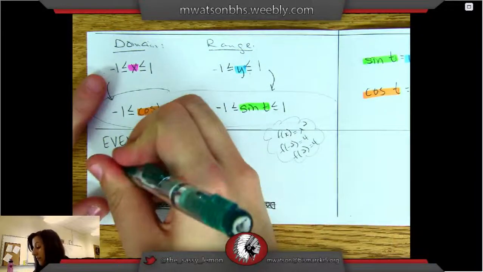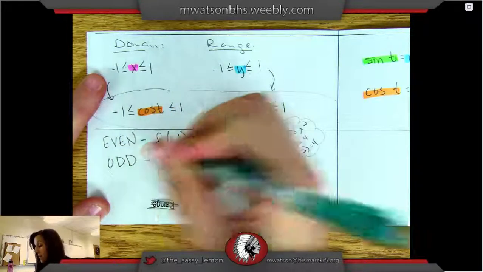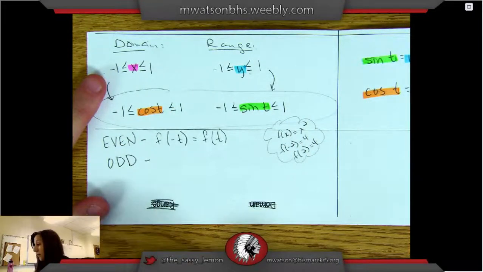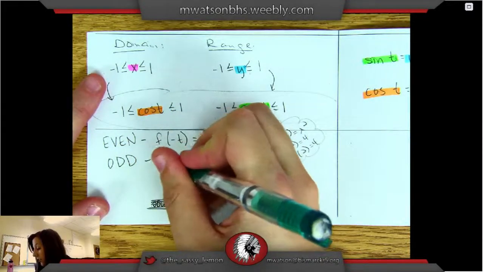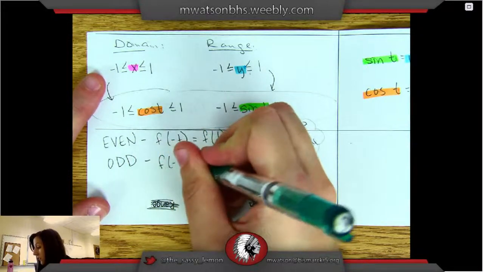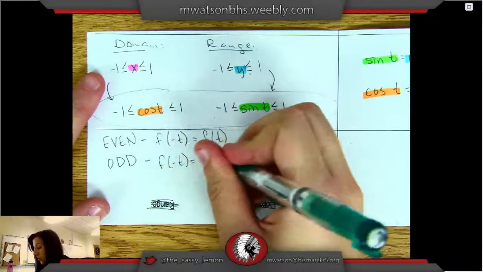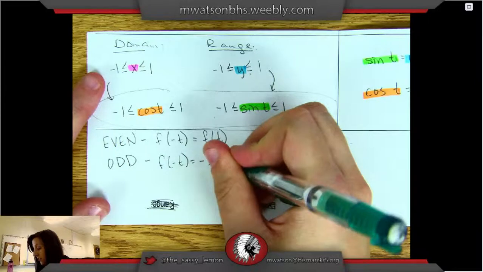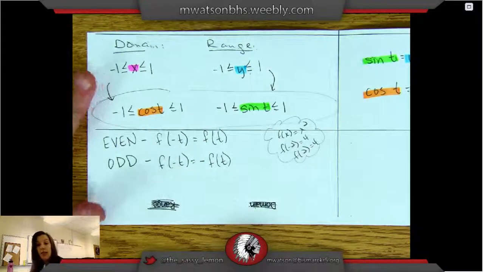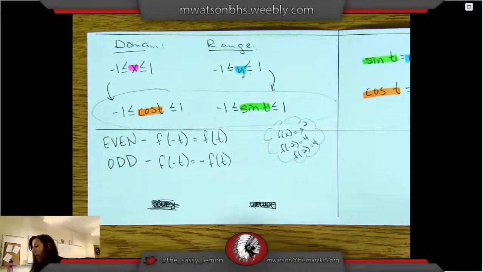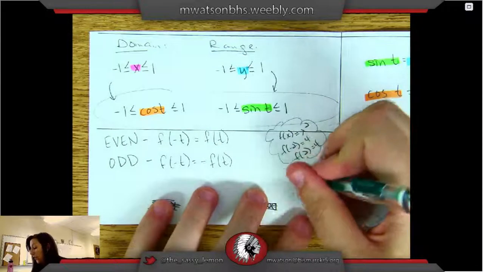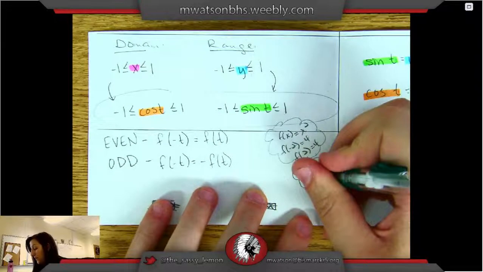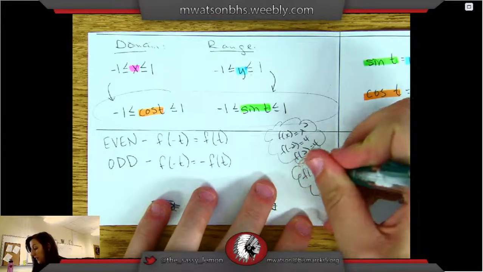But an odd function is a function where if you plug in a negative version of your variable, it makes your whole output negative. So an example of this might be x cubed. So f of x equals x cubed.